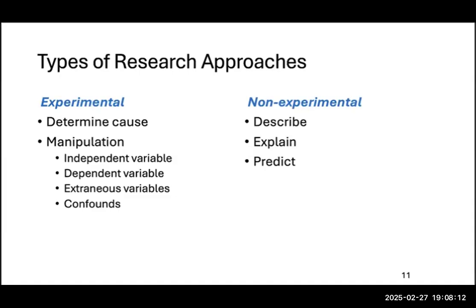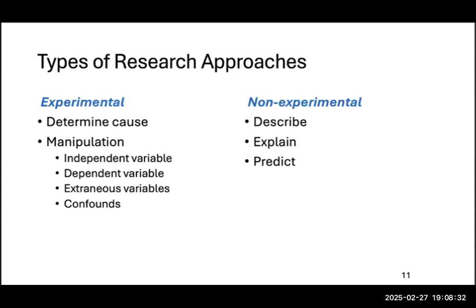Extraneous variables, remember, are variables that exist but are not part of our study. And then you have confounding variables, which are a special type of extraneous variable that we want to avoid. It's called confounding because it actually moves, it changes its value along with the independent variable and the dependent variable.